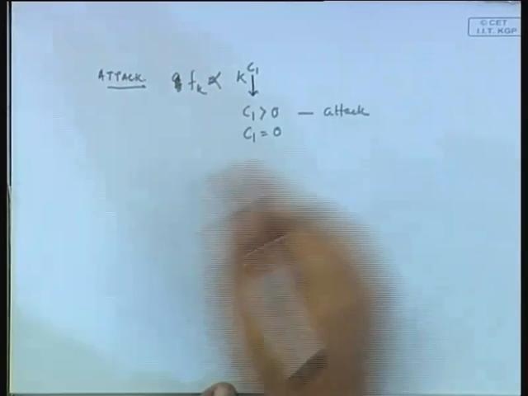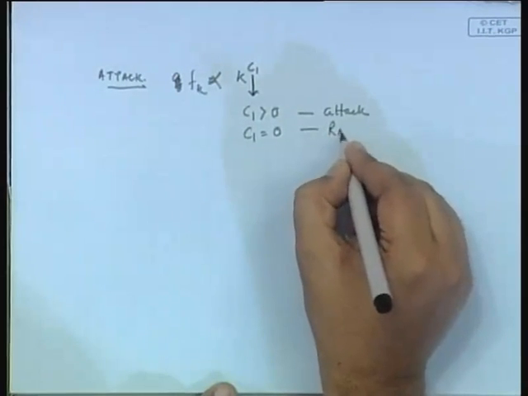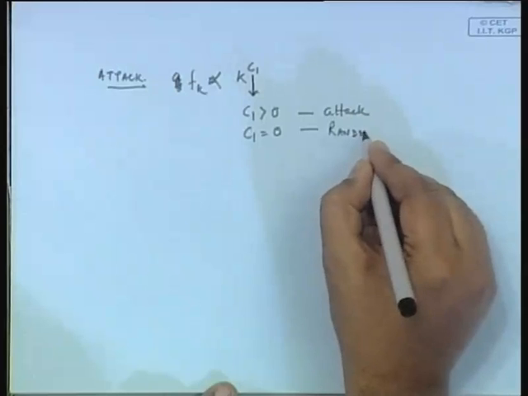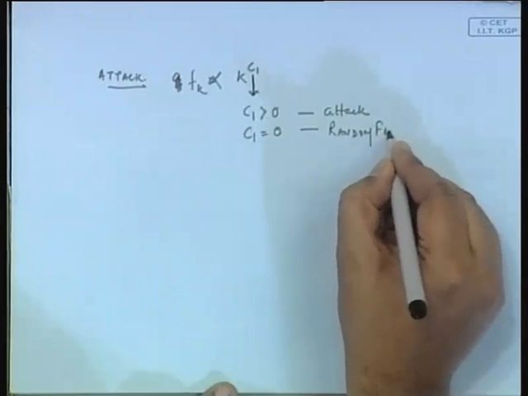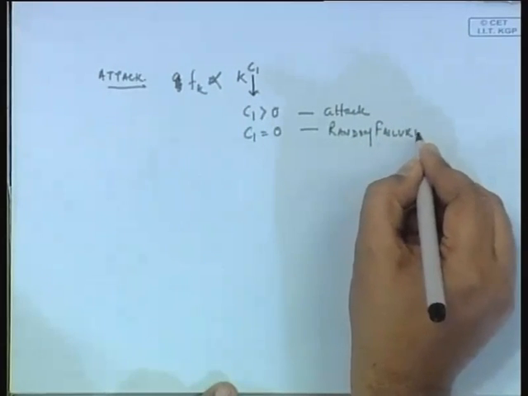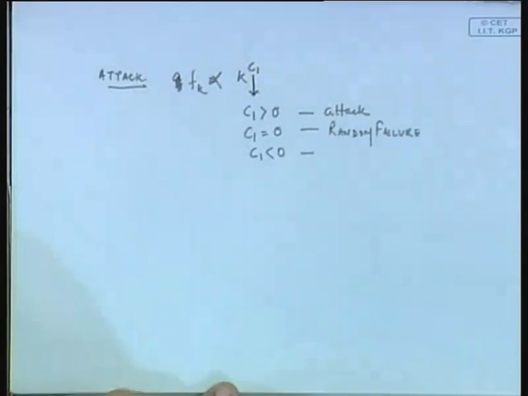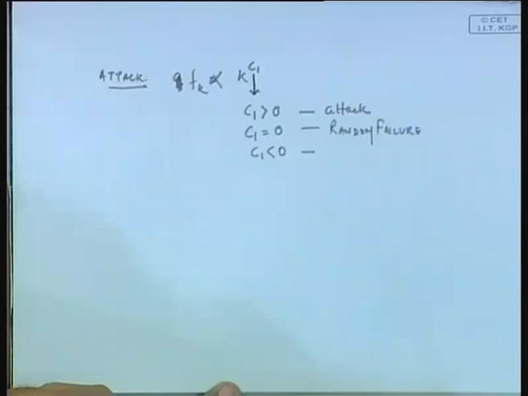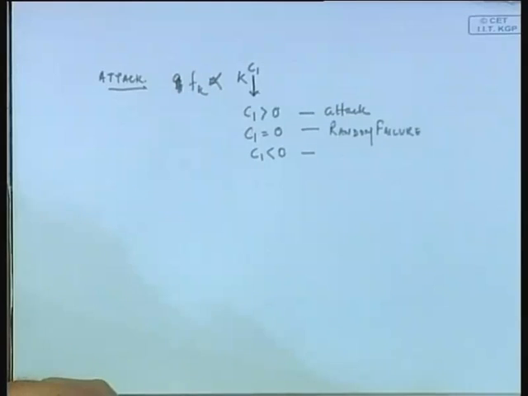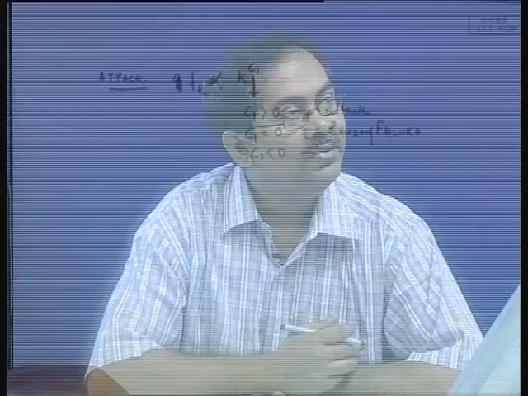It becomes a random failure. And if c 1 is less than 0, what happens? The ones with the higher degree nodes will survive, the ones with lower degree nodes will vanish.